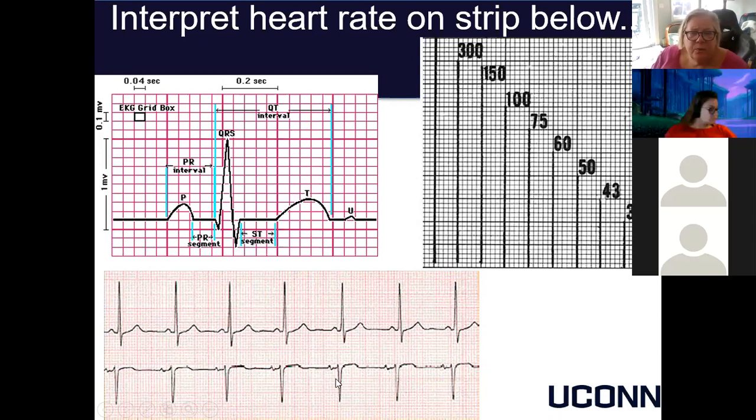I'm not exactly sure which this one is. But again, same heart, same rhythm, but you can see how the conduction at this point in time looks different electrically. Still have a P wave, still have a QRS complex, still have a T wave.